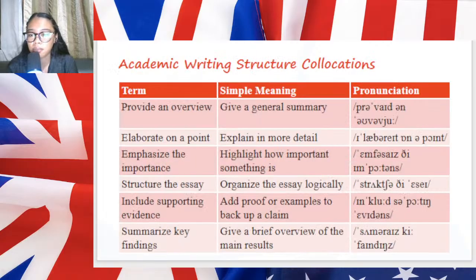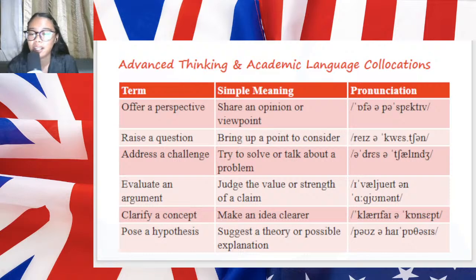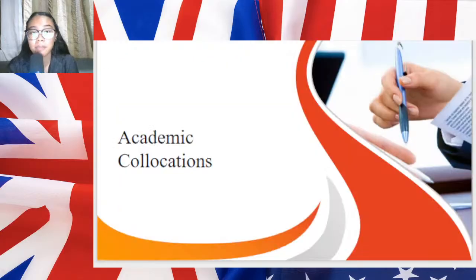The fourth set is academic writing structure collocations, and the last is advanced thinking and academic language collocations. So those are the academic collocations that we have discussed for two sessions.